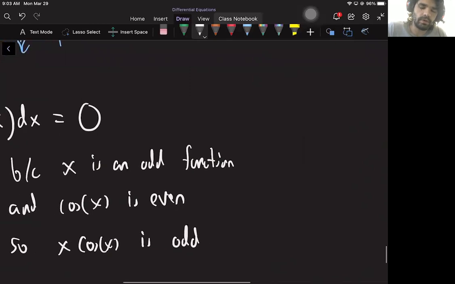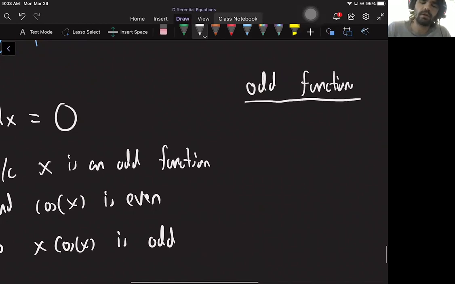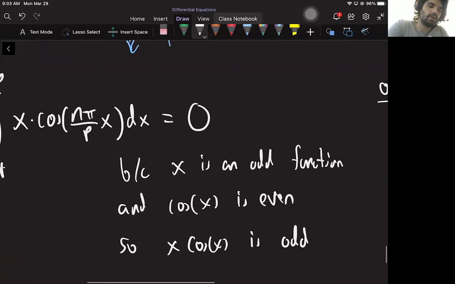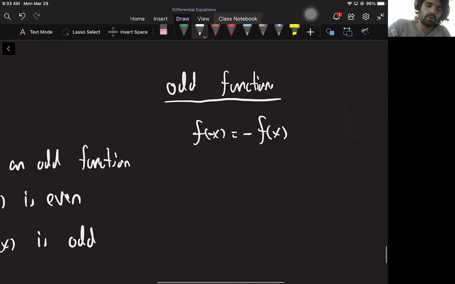So the quicker way to think about even and odd functions is like this. An odd function, one which is symmetric about the origin, has the property that if I change all the x's to negative x, I end up with the negative of the function. And we can see that x has this property. So if I change x to negative x, I do get the negative of the function.